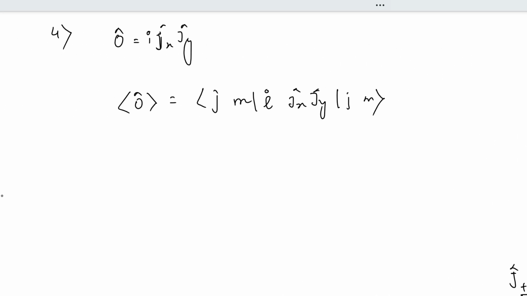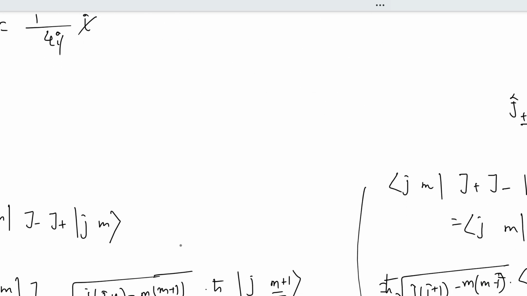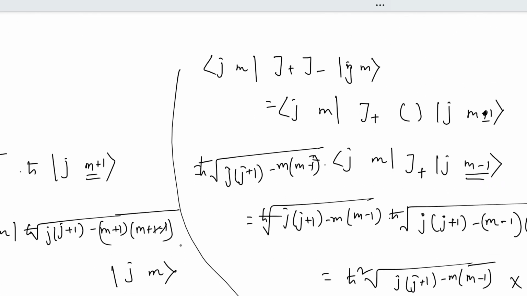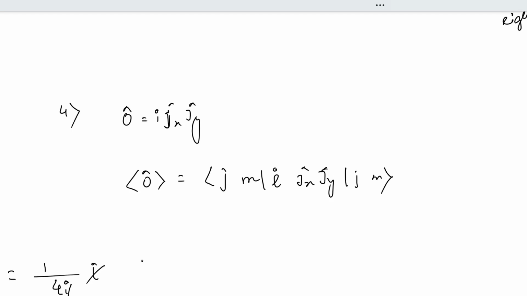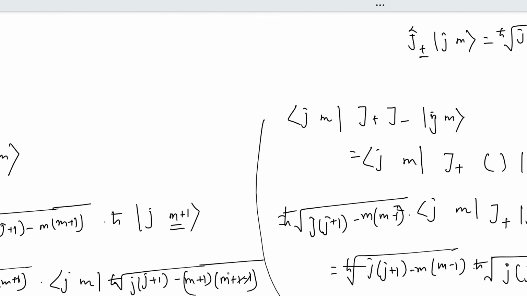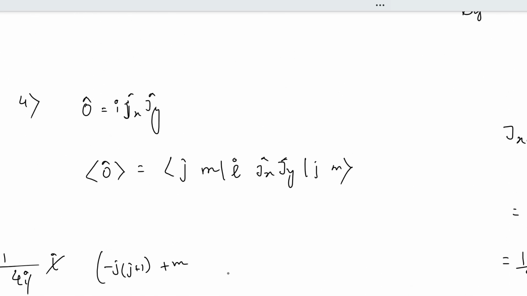So this is equal to 1 by 4i. There is another i from the imaginary, so this i and i cancel out, and you have minus j plus j minus. So this, with this prefactor, has a minus sign, so this is minus j plus 1 plus m into m minus 1.